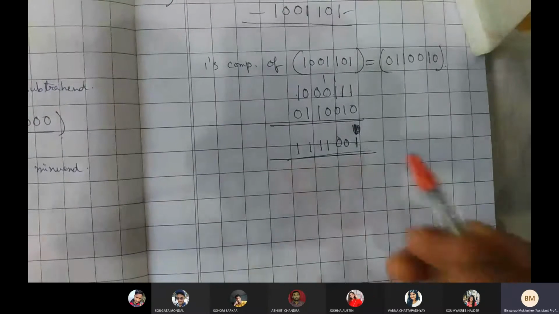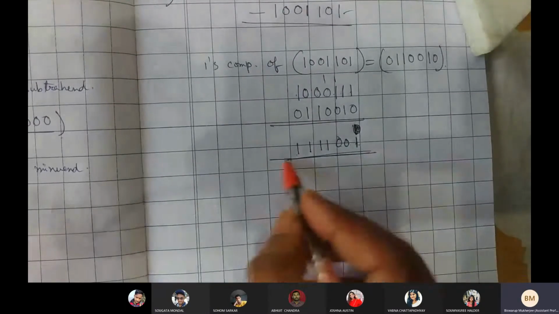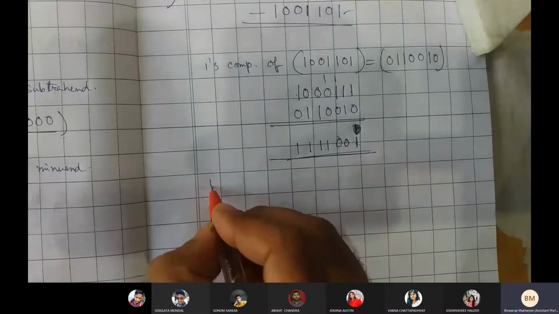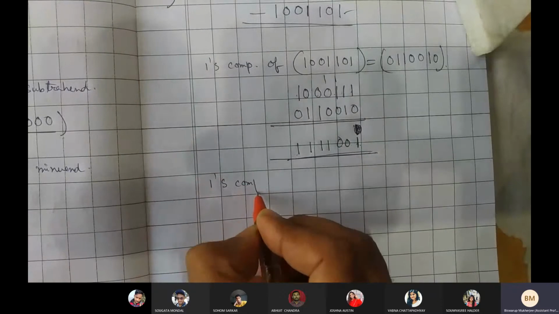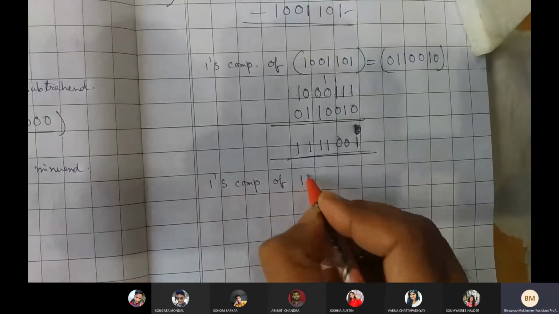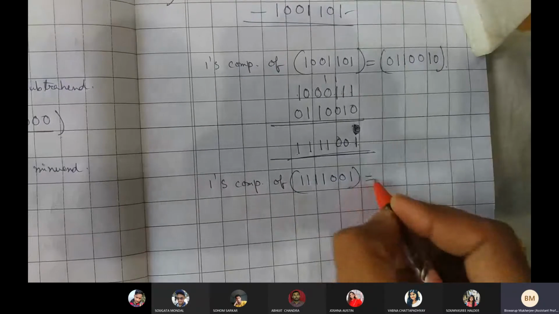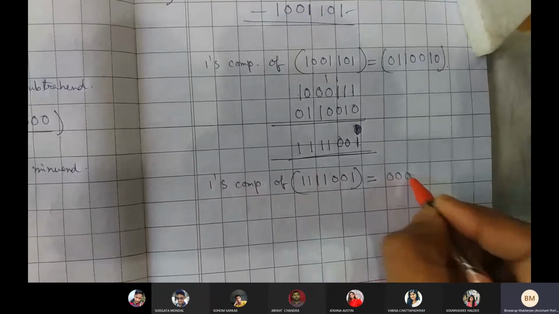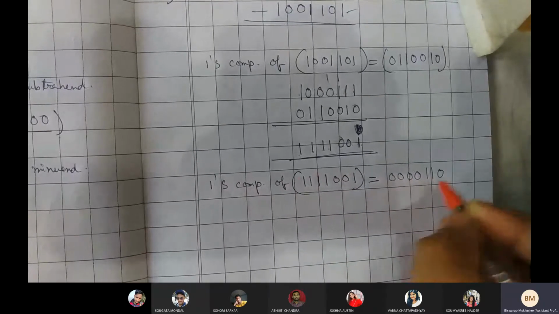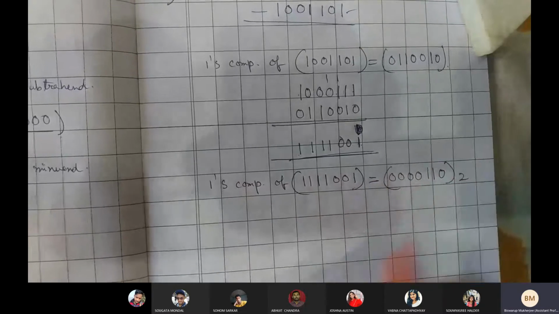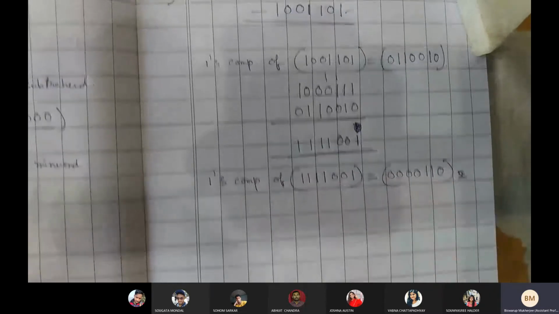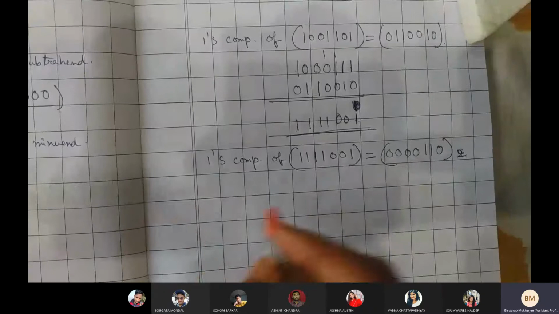Again, we need to find out the ones complement of this number. So find out the ones complement of 1111001. That is equal to 4 zeros followed by 110. So that is the ones complement of this.